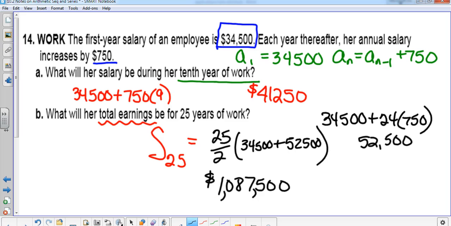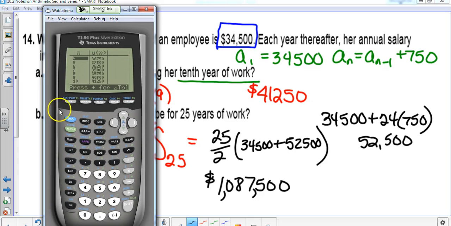Okay. If I wanted to use some sequence for that problem, I could have done, again, over to sum, then back second stat and over to sequence. Then I would have said my first term was 34,500 plus my difference is 750.